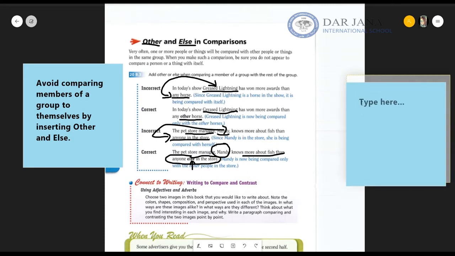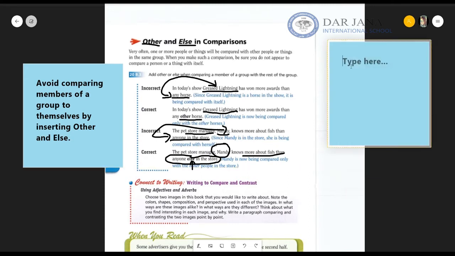Let's practice what we've been studying so far. If I say "Max's nose is longer than Michael," this is an incorrect sentence because obviously I'm comparing the nose to Michael, so two different things are being compared, which is the second incorrect comparison, the illogical comparison.